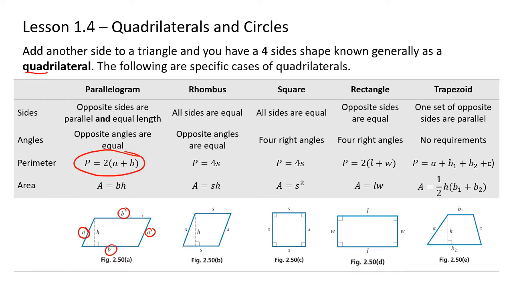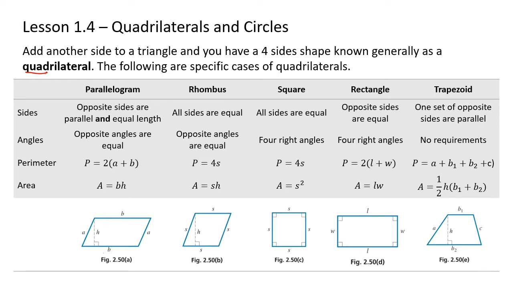In other words, adding up two sides and doubling it. The area is simply B, in other words, this base dimension, multiplied by the height. Remember, the height, just like an altitude in a triangle, is at 90 degrees to that base or B line. Rhombus is very similar.